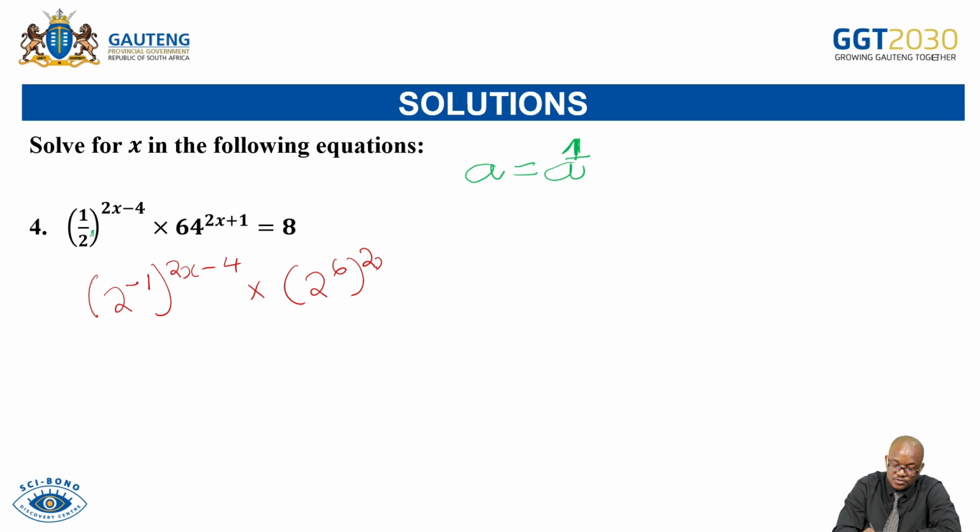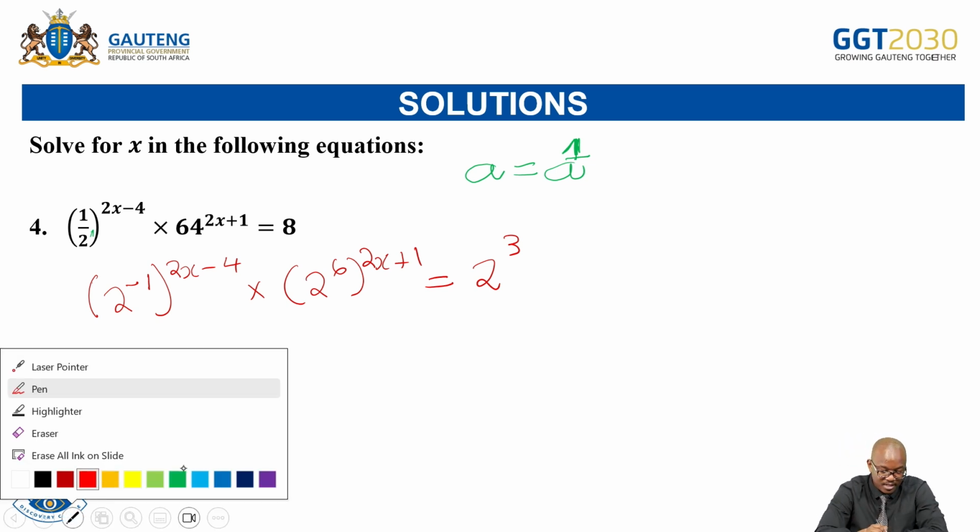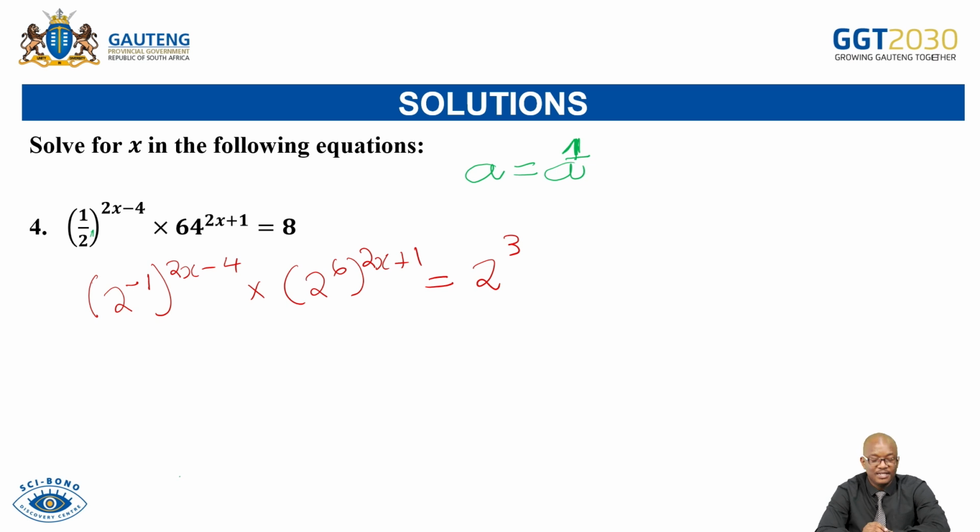Then we have 2x plus 1 as the exponent, which is equal to 8. We can also write it as a prime factor, which is 2 to the exponent of 3. So the aim here, remember, is to make the base the same. But in this case, what we need to do is to now remove our brackets.